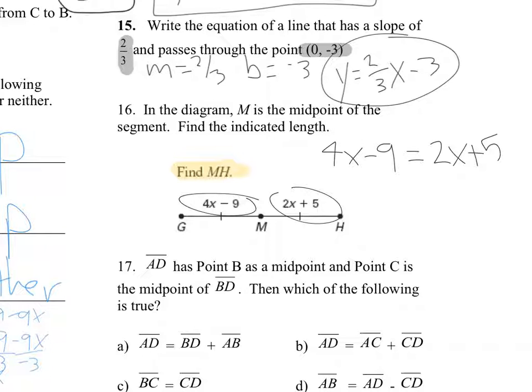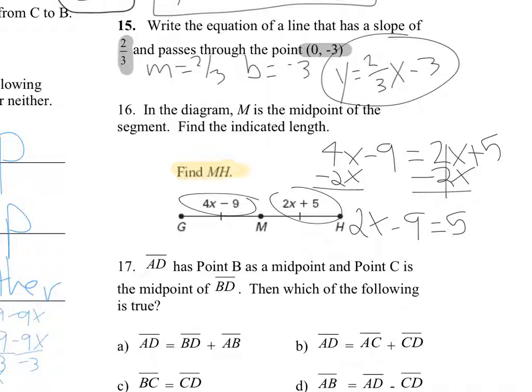When x's are on different sides of equal, you have to cancel them out, or one of them out. Bring it to the other side, if you will. I generally like to get rid of the smaller one. So minus 2x cancels. 2x minus 9 equals 5.